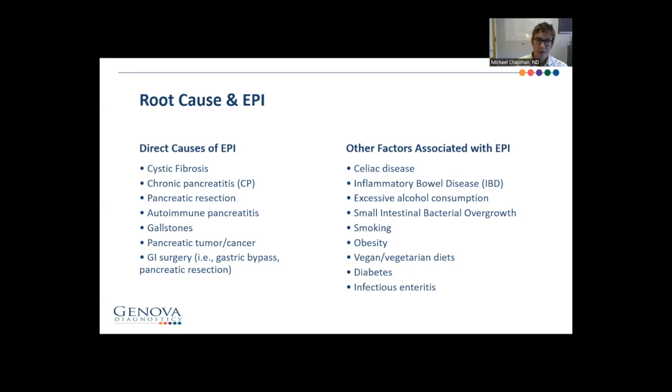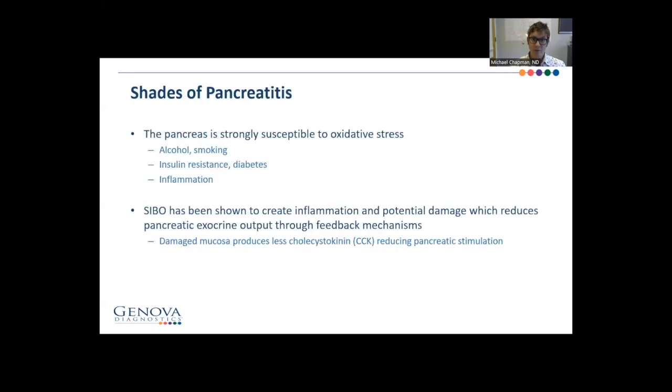So that might not necessarily be a pancreatic insufficiency in the classic way that we think of it. It could just be a modulation of the system to accommodate the diet. So a little bit of a caveat with that one. Diabetes and infectious enteritis as well have all been associated with this type of pancreatic insufficiency.